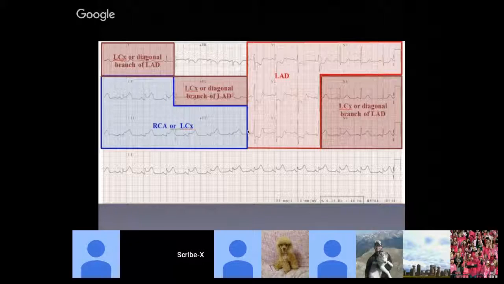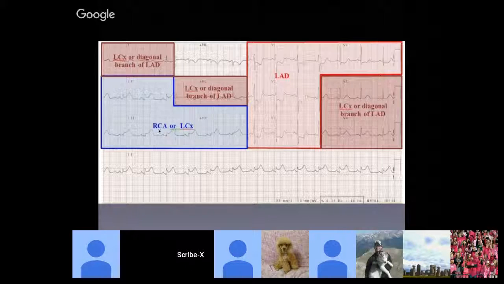So I can tell, having looked at 3 or 4 EKGs in my life, that this person is having problems with a particular heart artery based on the fact that I know that leads 2, 3, and F have, first of all, ST elevation here, right? So this is the right coronary artery distribution.